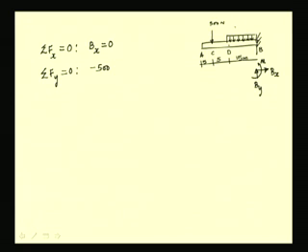Say in this case, let us take this to be 30 newtons per meter acting from D to B. We can find the equivalent concentrated load, which is nothing but the area under the curve, which is 30 newtons per meter for 15 meters.